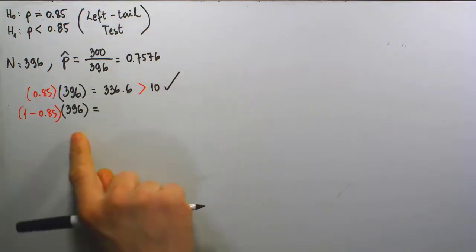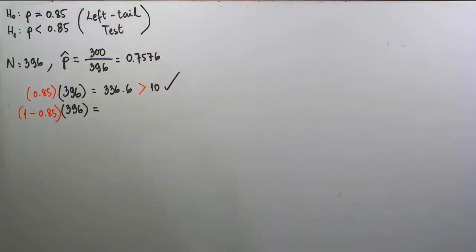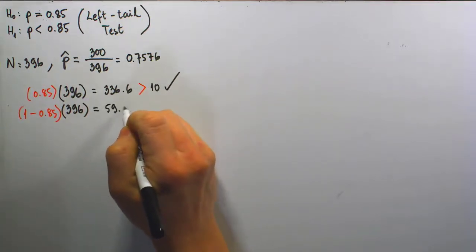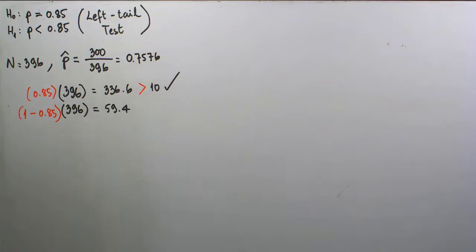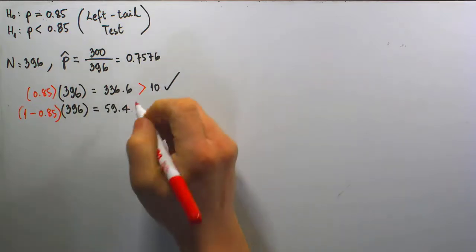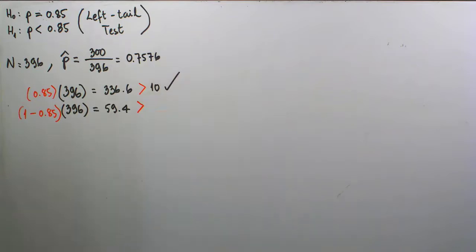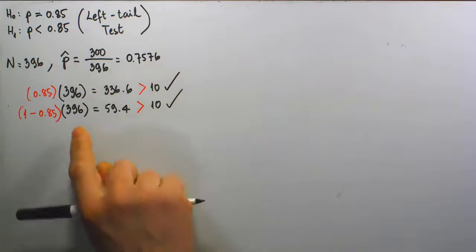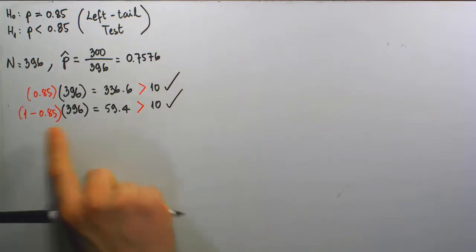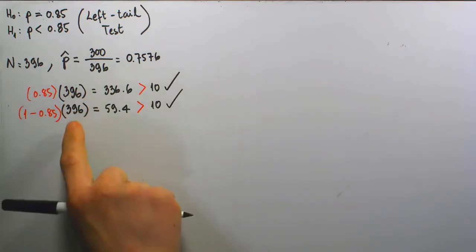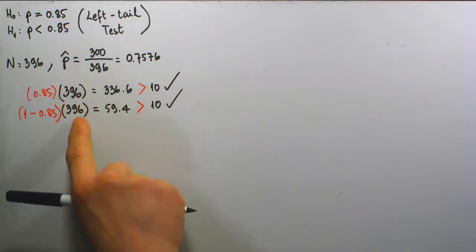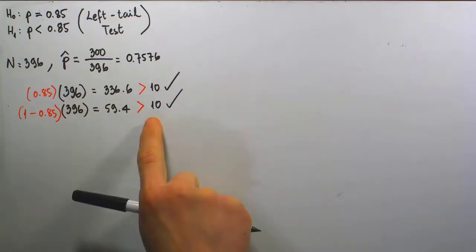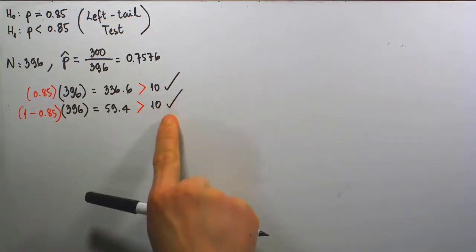The calculation here comes out being 59.4, which is again above 10. So the sample size we're doing here passes another requirement. So this sample size has passed both requirements. Multiplying the sample size with these two separate quantities right here, both came up with a count above 10.